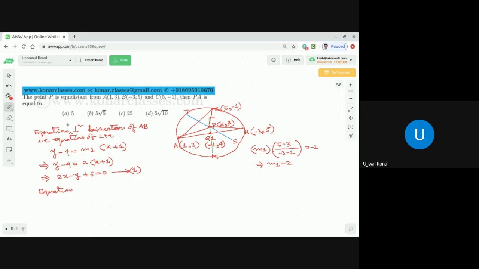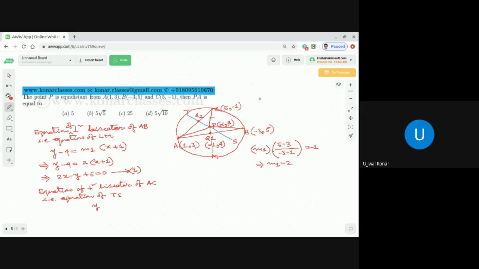Equation of perpendicular bisector of AC, that is equation of TS. It passes through the midpoint of AC. So let's assume the midpoint of AC as Q2.